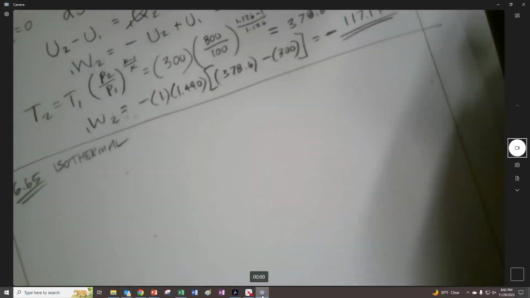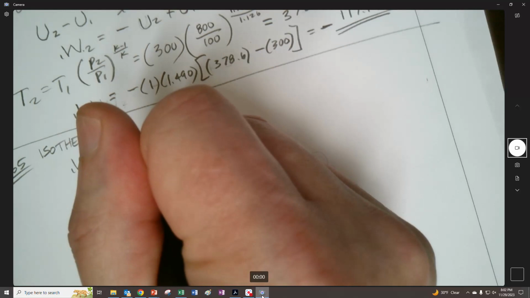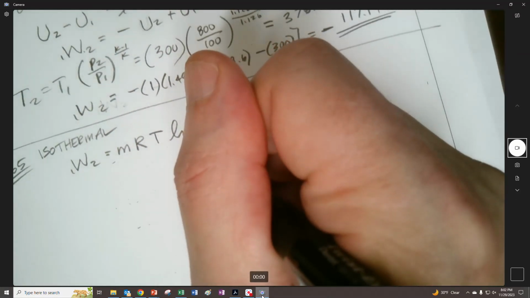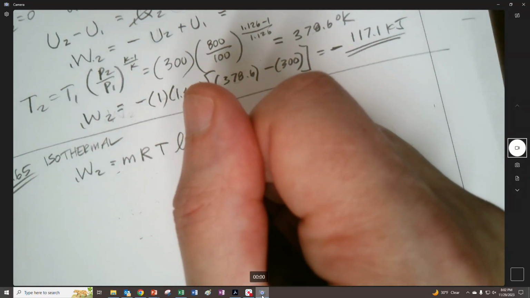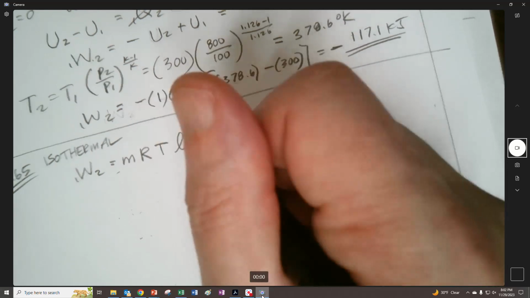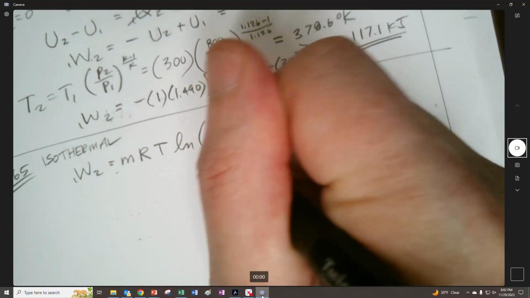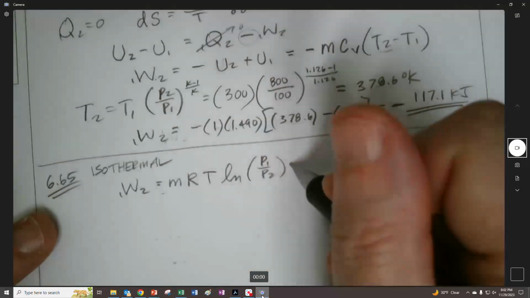The isothermal process. Work 1 to 2 is going to be equal to mRT natural log, and I think this natural log will give you the same values depending on whether you go P2 over P1, but this is going to be P1 over P2, right? It's just going to change the sign, but the signs are important to us.